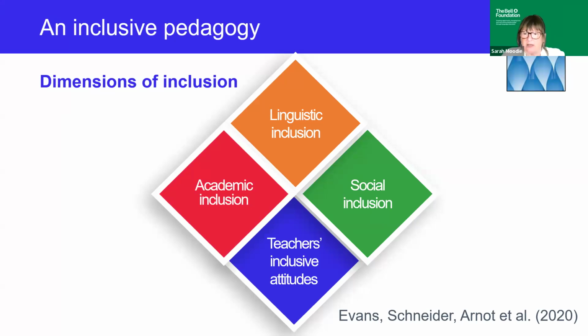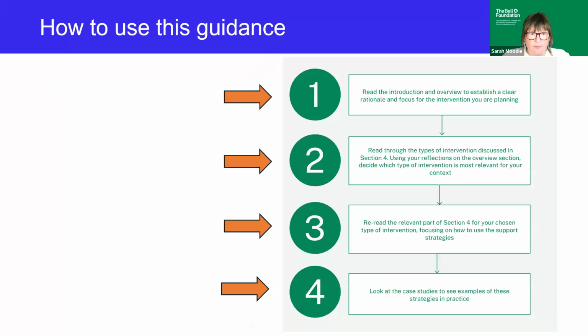And this means using those EAL-friendly strategies in your teaching, as well as judicious use of translation, etc. And if an out-of-class intervention is needed, as it sometimes is, it needs to be geared towards equipping the learner with the skills and the language they need to access the full mainstream curriculum as soon as possible. Okay, so we've looked at the 4 quadrants of inclusion, and we found that interventions can, in fact, touch on all of them in different ways.